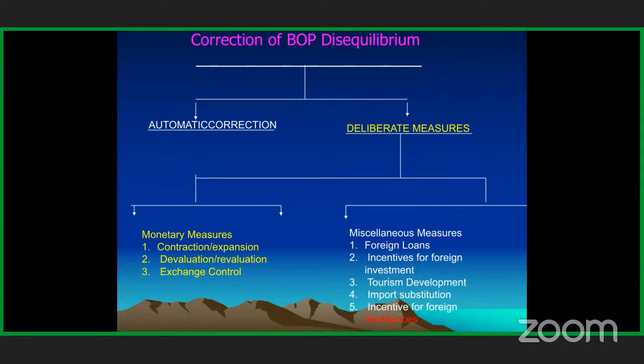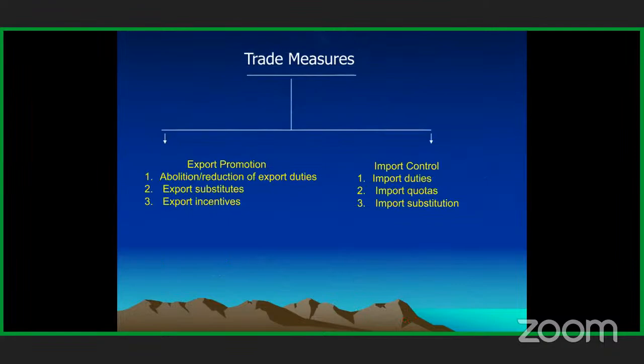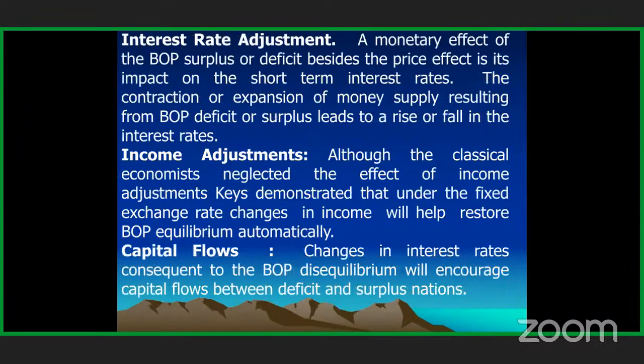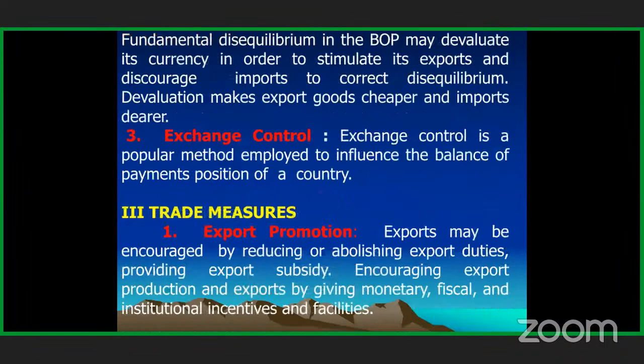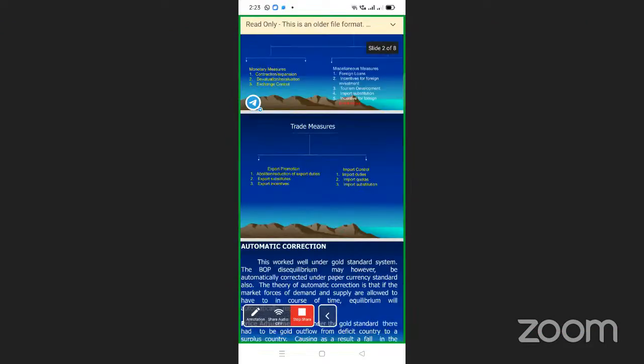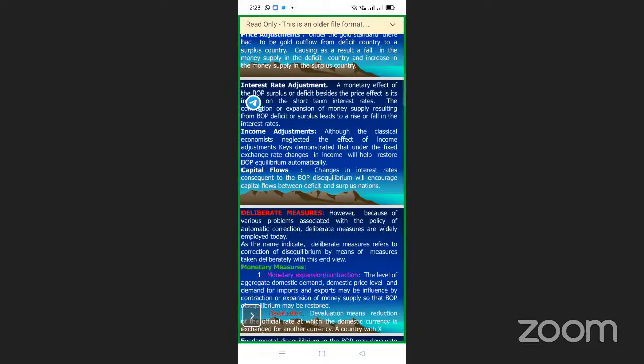Apart from the other mentioned monetary and trade measures, there are a number of other miscellaneous measures like foreign loans and foreign investments, tourism development, effectivity for inward remittances and import substitution to correct the deficits in the balance of payments of the country.